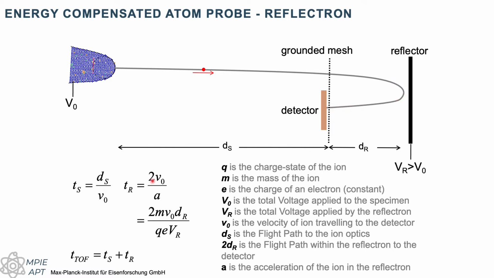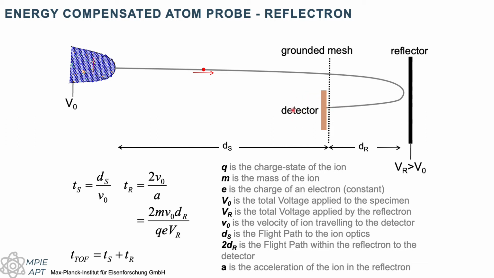There's a whole range of equations and voltages that we can apply, but basically an ion that comes in with more kinetic energy will fly deeper into the reflectron before being returned, whereas an ion with less energy will be stopped earlier and be returned.